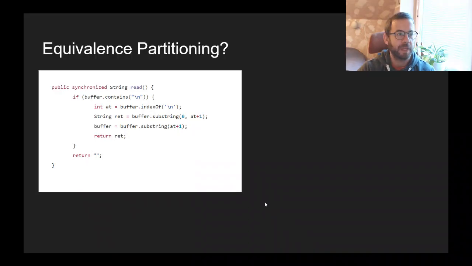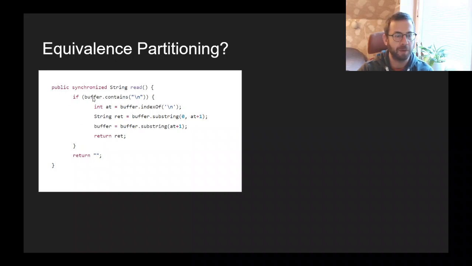Sometimes it's pretty hard to use the concept of equivalence partitioning when you have source code. So in this case, there is Java code instead. I try to vary my examples. In this case, we have a method called read, and it normally returns nothing.